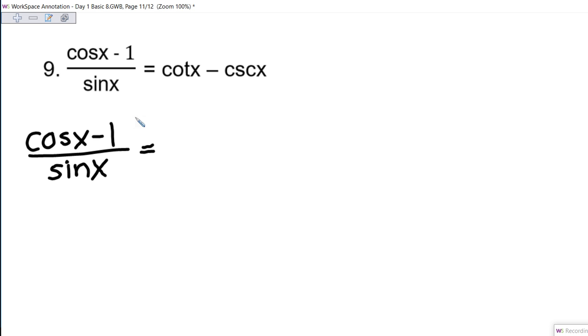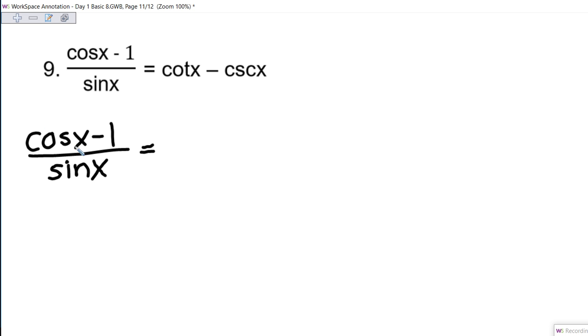If you look at the answer, our answer has to have a cotangent. And what is cotangent? It's cosine over sine. And what is cosecant? 1 over sine. So all we have to do in order to get that is each term in the numerator has to be divided by what's in the denominator.